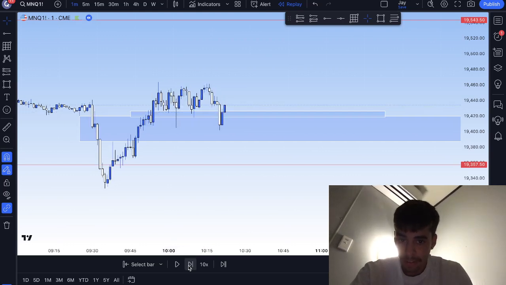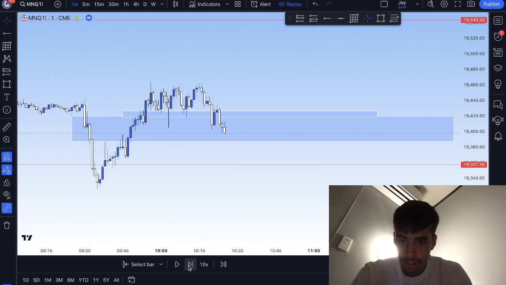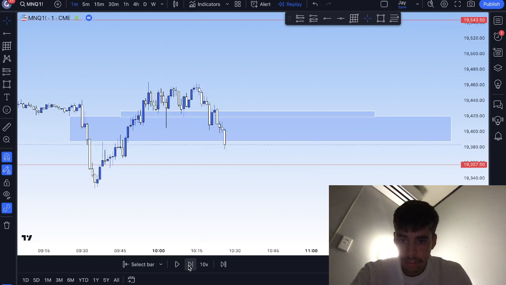So we've got a bearish fair value gap there. We don't inverse it just yet. That could be a stop break or whatever it's called.